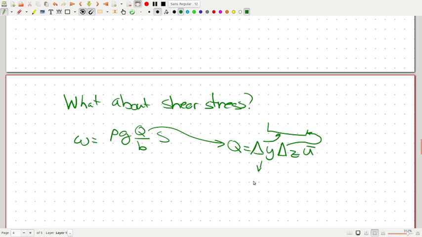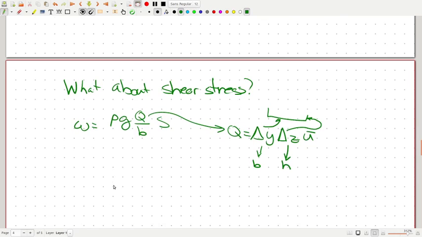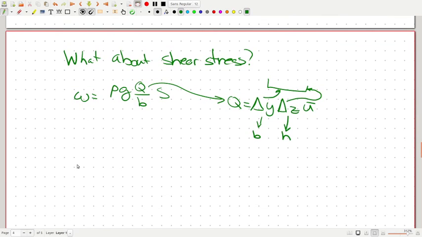So delta y is going to be equal to the width, and delta z is going to be equal to the height of the channel, the height of the flow in the channel. And so u bar, of course, is just the mean velocity, so that stays the same. So let's carry on with that unpacking.